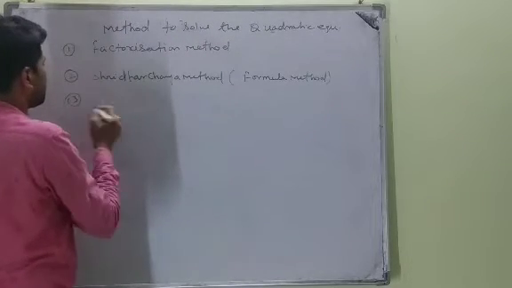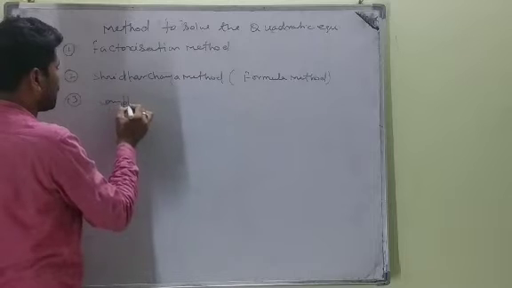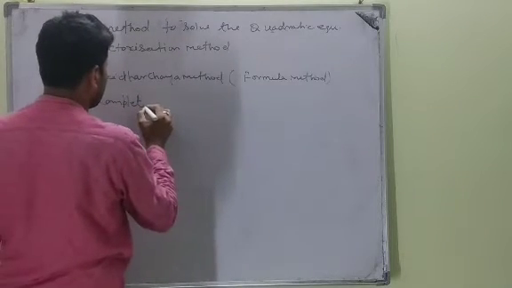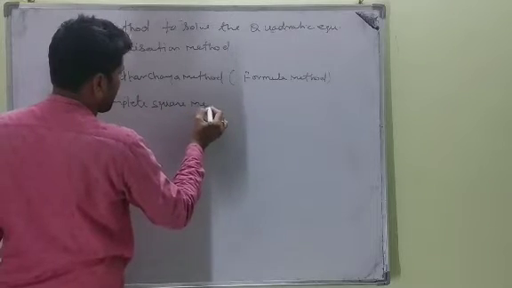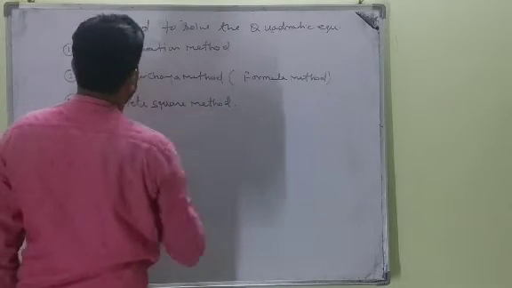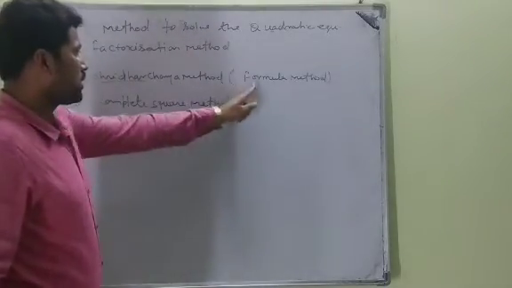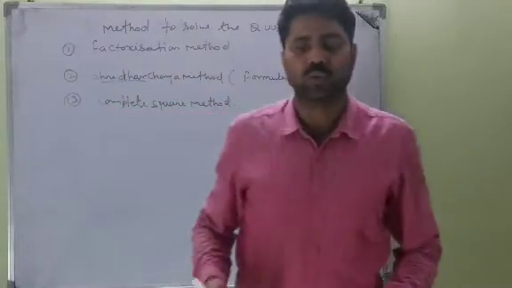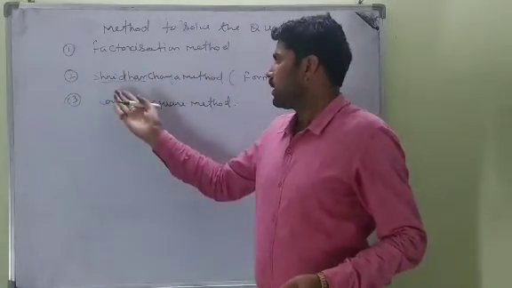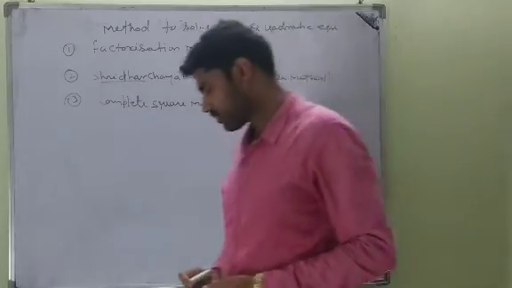And third is complete whole square method. In your syllabus only 2 methods are there. Sridhar, students, this formula method is given by the great mathematician Sridhar. So for the respect of him, mathematicians use the special name, that is the Sridhar method.